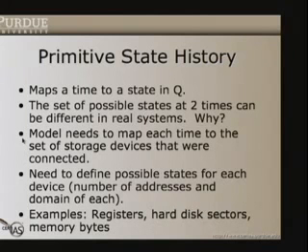We determine the possible states by how many addresses there are on the hard disk or other storage device, what the domain of each address is, what its possible values are, and we combine these and work our way up to define our set Q, which we can then map to for the state at a given time. Examples of this state include registers in the CPU, hard disk sectors, memory bytes, all the low-level things that we never really care about, but which are the underlying storage of the system.